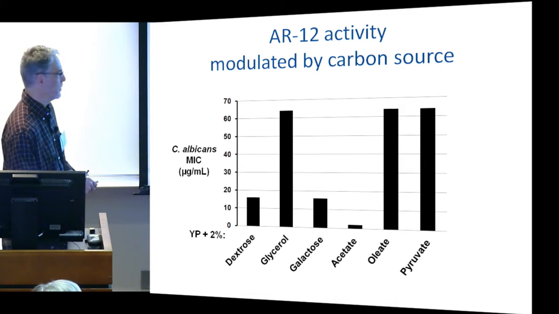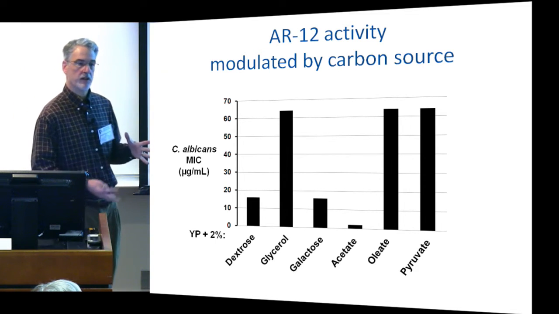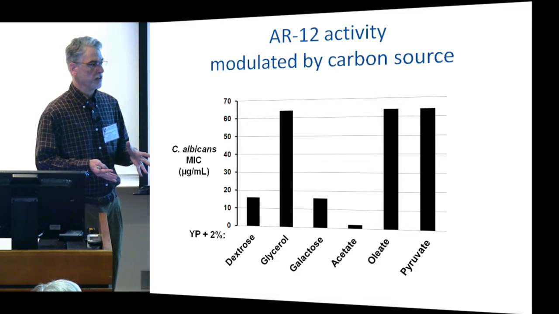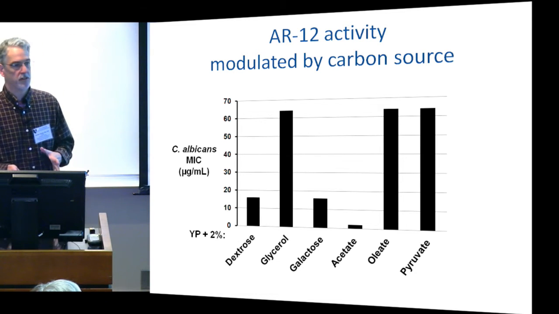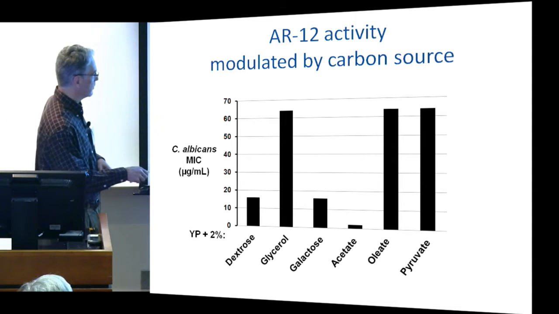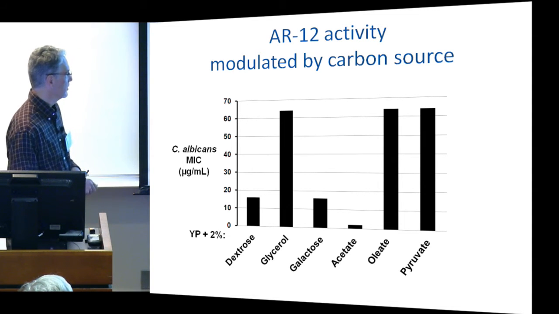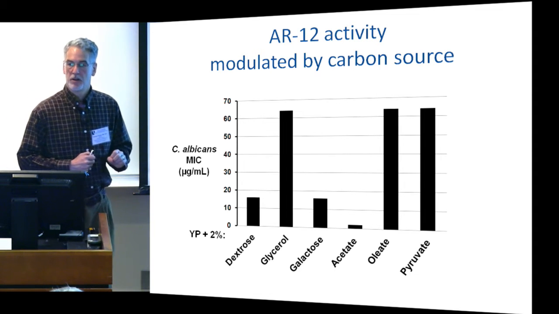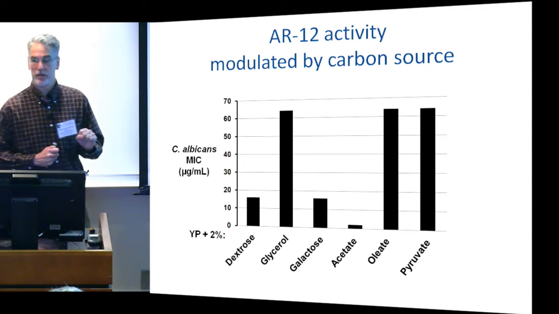Here's our MIC. This is in albicans. In YP, the MIC goes up a fair bit relative to a standard CLSI, which is in RPMI. That's fairly common, so don't get excited about our changes in MIC here. 2% dextrose, we're at 16. Glycerol, 64. One of the things we were originally worried about was, is this a mitochondrial poison?